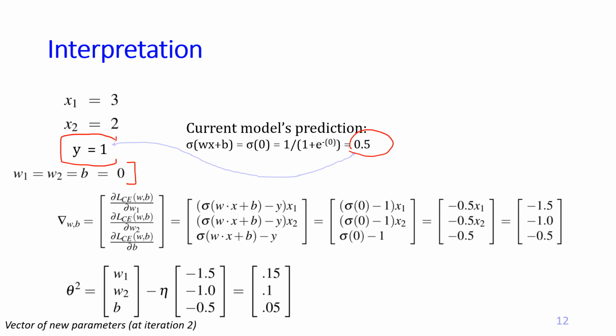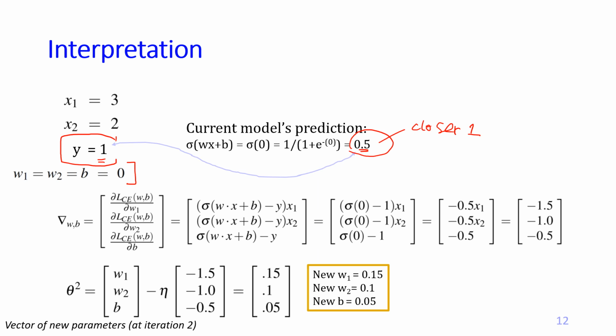So we need to somehow push the weights such that our prediction will be closer to 1. That is the meaning of performing gradient descent. We're shifting the weights and the bias term such that our prediction would be closer to the actual label of the instance. That's why we have the new W1, W2, and B.